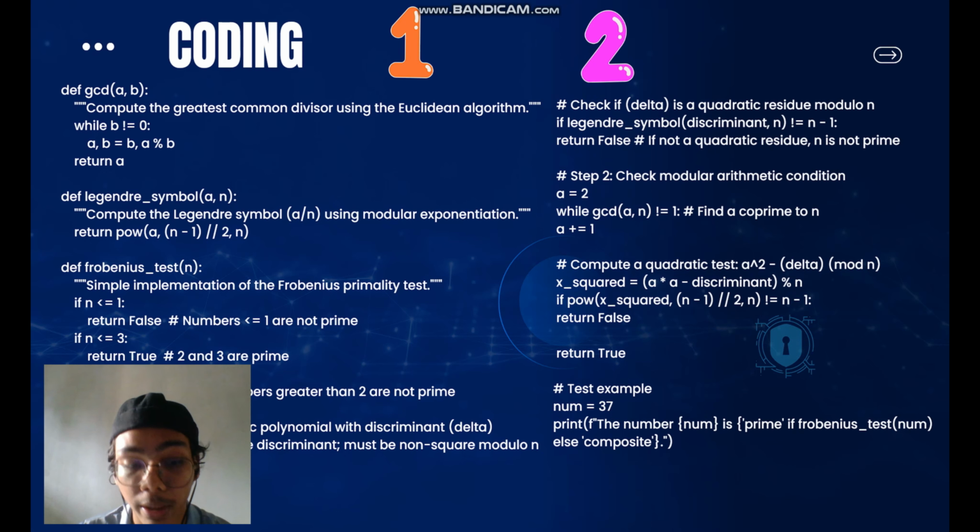If all conditions pass, the number is prime, otherwise it is composite. For example, we can see that the example test number equal to 37 returns prime. Okay, this implementation demonstrates the Frobenius test but can be optimized by dynamically selecting the discriminant.